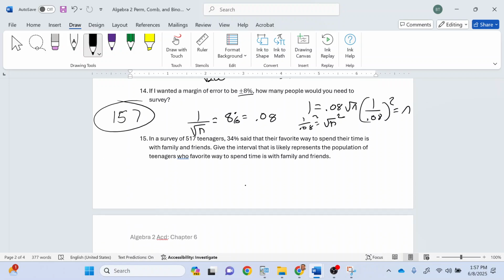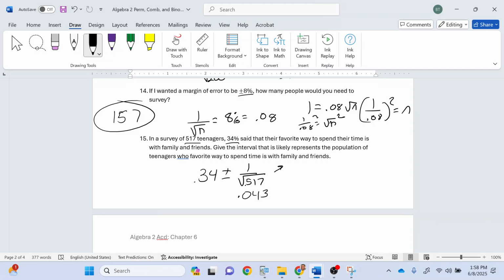For this one, a survey of 517 teenagers, 34% say their favorite way. So it's going to be 34% or 0.34 plus or minus 1 over the square root of 517. So 1 divided by the square root of 517 is about 0.043.